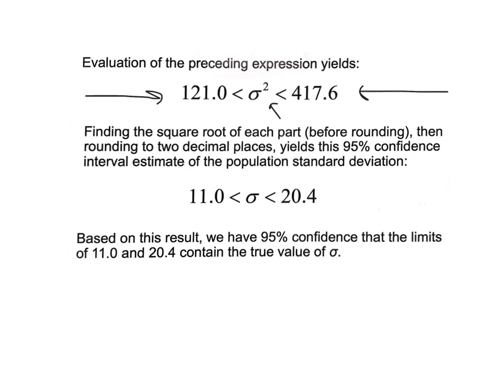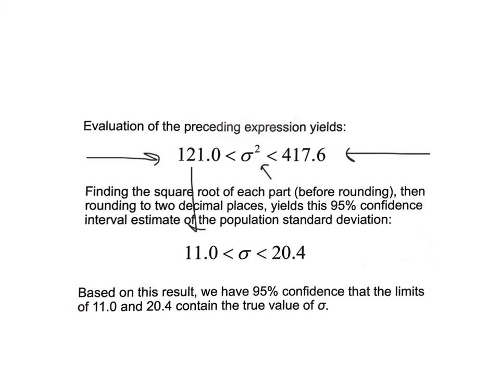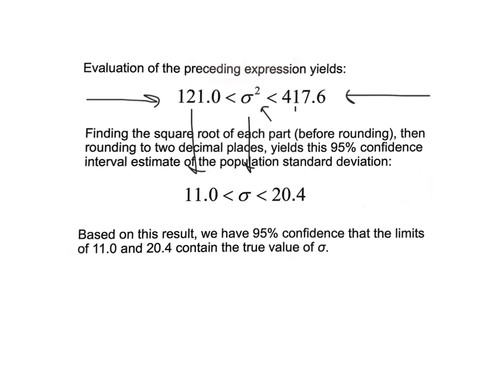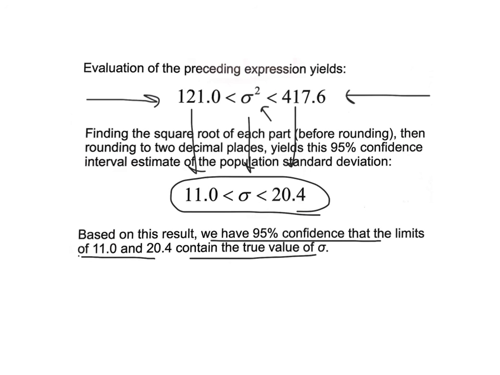So if I want the standard deviation, which is what the question asked me for, I take the square root here, square root in the middle, and square root here. And so my 95% confidence interval estimate tells me that the population standard deviation is somewhere between 11.21 and 20.4. So I could say we have 95% confidence that the limits of 11.21 and 20.4 contain the true value of the population standard deviation somewhere in there.